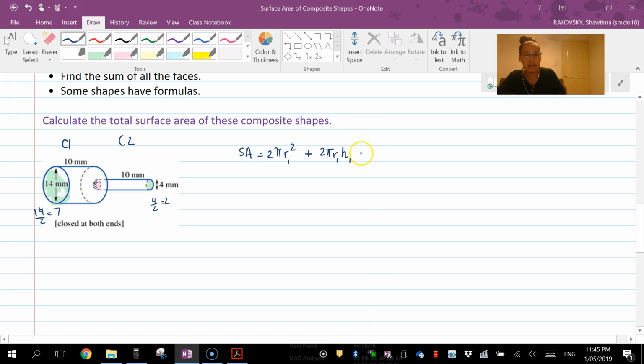Plus only one of those circles, so pi r2 squared, and plus the other thing I'm noticing is that I'm going to have to subtract that circle from here, so that means minus pi r2 squared.